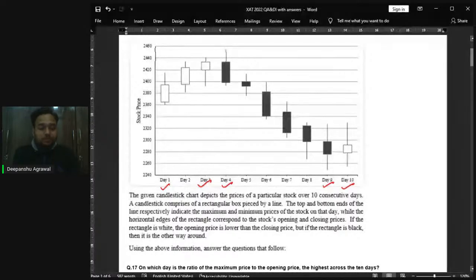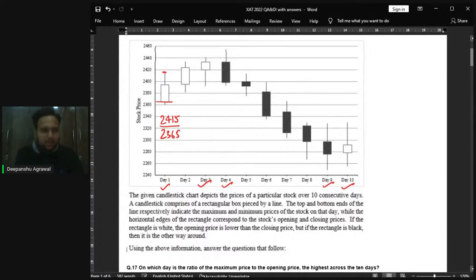For day 1, the maximum would be this one, so this should be 2415, something like this, divided by the opening price. The opening price is this, 2365, we can say.